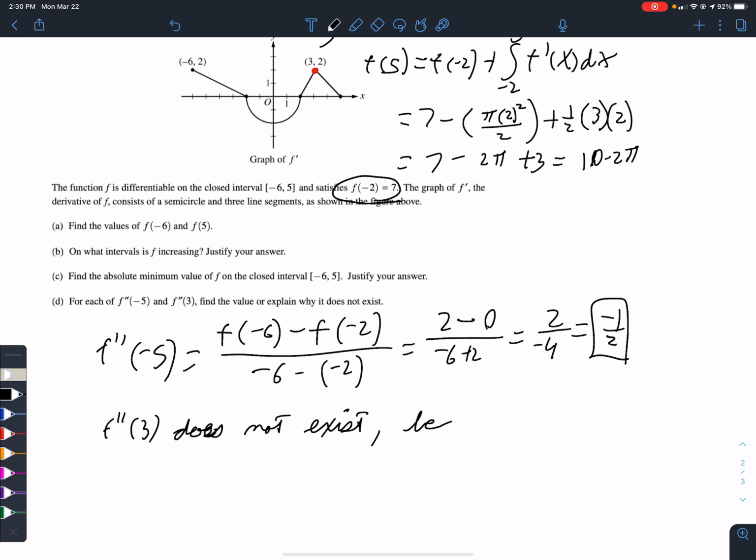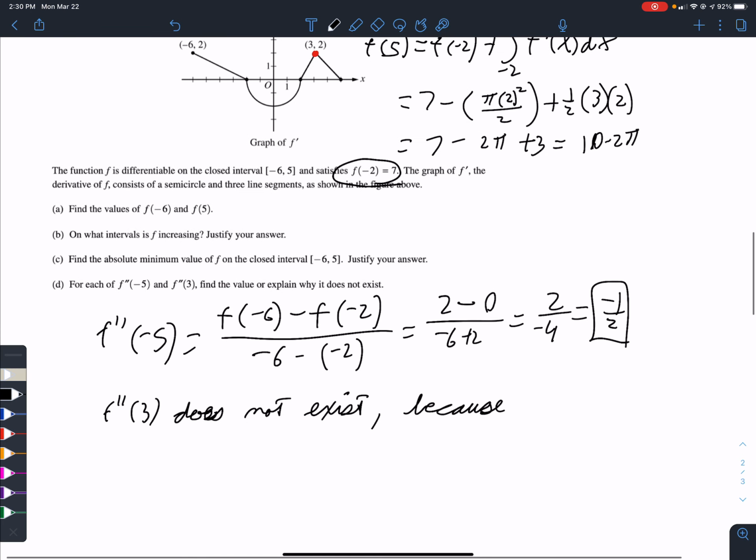Because you've got to remember that derivatives are limits. So if the limit from the left doesn't equal the limit from the right, then it's not going to work. So we can write it this way.